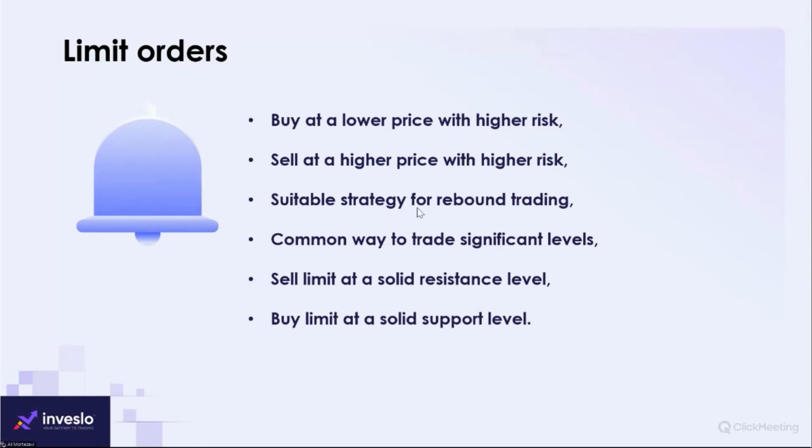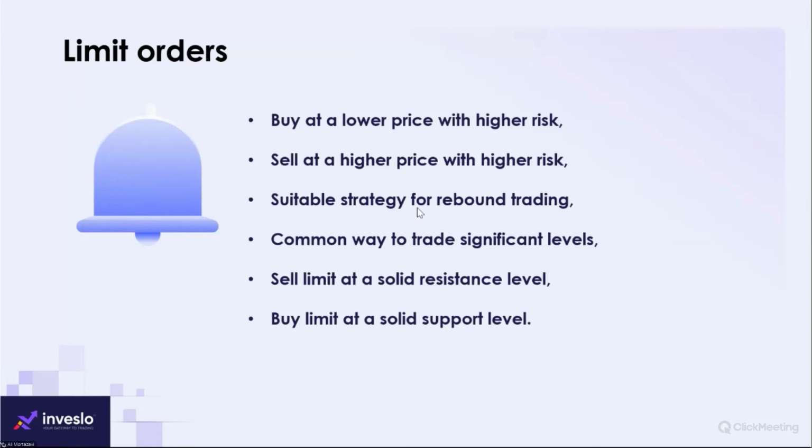It means when you expect the market to continue swinging in a channel, or for example in a range-bound market or something like that, you can use the limit orders at the predetermined trend lines or the channel support and resistance edges. Okay, and this is a common way to trade significant levels, when you consider some support and resistances in the market that you think there is no way for the market to break.